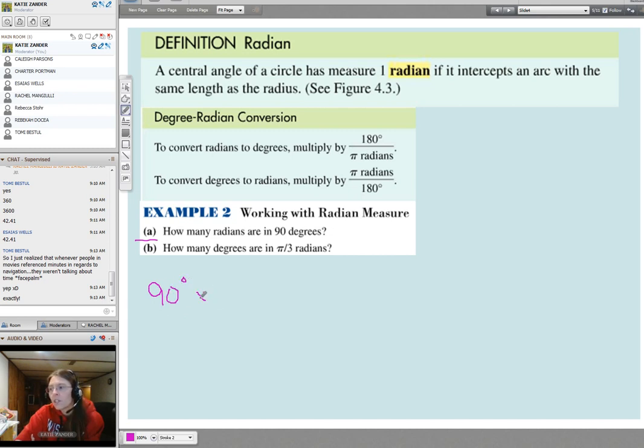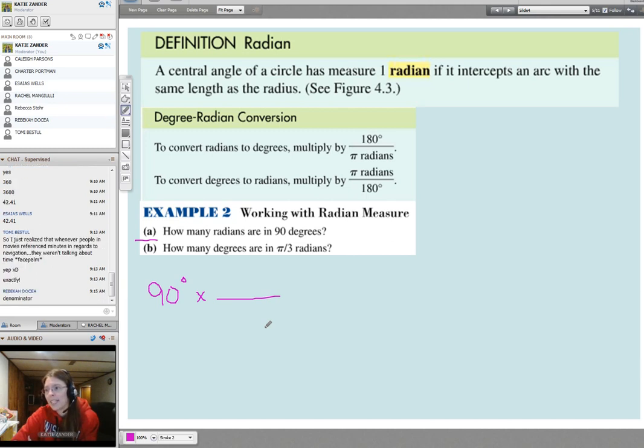In order for the degrees to cancel out, does it go in the numerator or the denominator of that second ratio? If you want the degrees to cancel out, it has to go in the denominator. So I know the degrees in the ratio is 180. That would go in the bottom, and the pi would then go in the top.